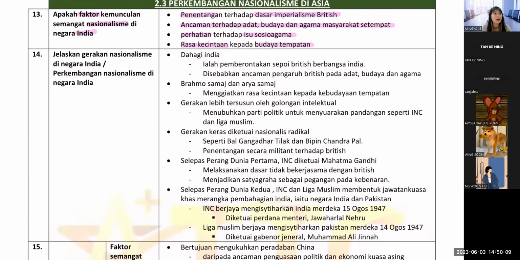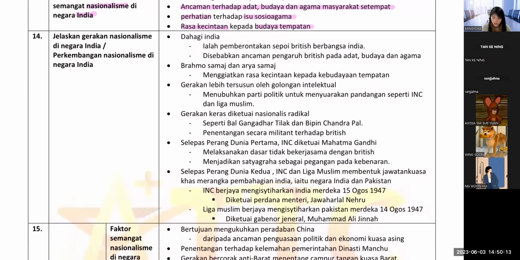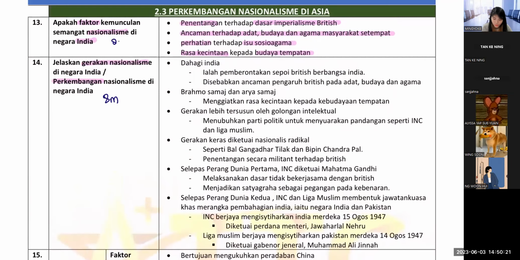Other than that, they have gerakan nasionalisme di negara India. Okay, gerakan nasionalisme, this is the gerakan or the perkembangan. Then you remember 8 lor. This one actually 2 to 4 already enough. No? Yeah, this one you remember 8.